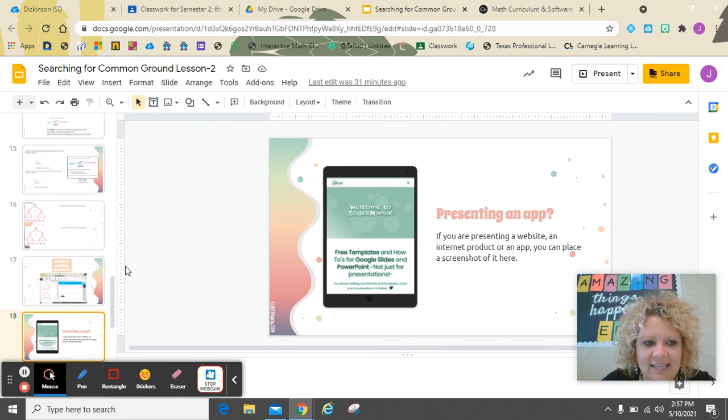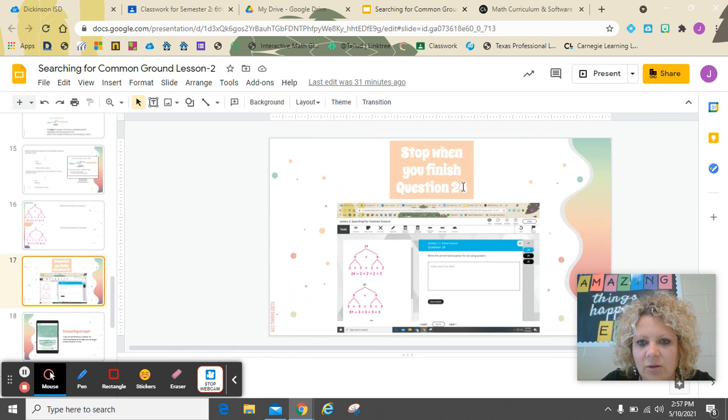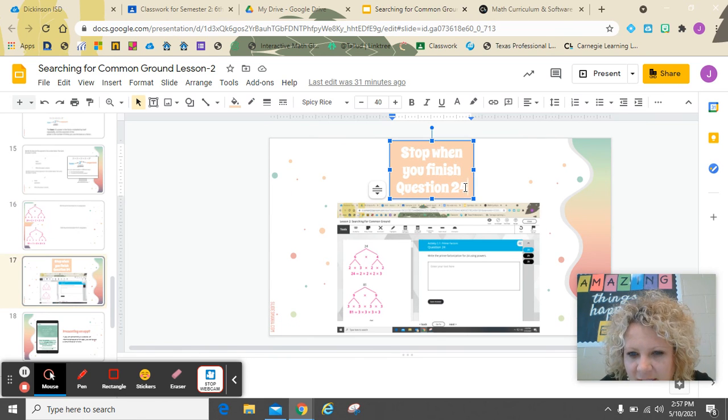So when you get to question 26, you are going to stop, because there are actually 3 questions on that one. You're going to do the prime factorization of 24, 81, and then there's another one underneath it. So when you get to question 26 on the lesson that I assigned for you today, save it and then submit it.